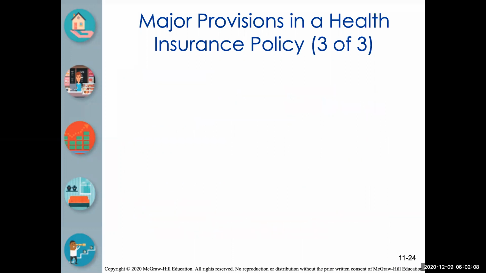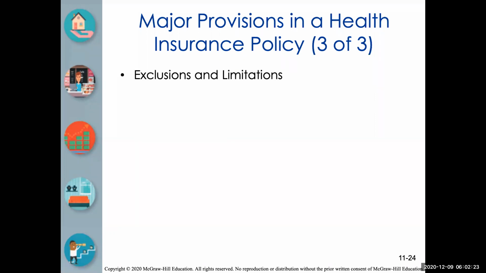We have exclusions and limitations. They're there. You just got to read and make sure that the exclusions and limitations of the plan you're evaluating will not negatively impact your ability to obtain care.